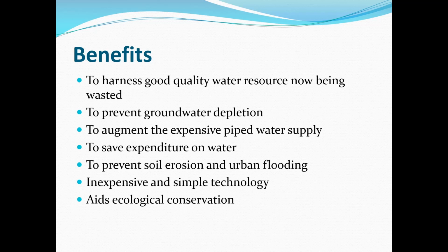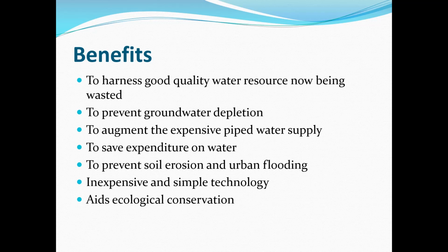The water which is now going as runoff towards the sea, and is wasted, can be stored as groundwater or as an increment in the water table level. Then next is to augment the expensive piped water supply. Suppose we save the water for excess use with bigger capacity tanks, as many societies are doing, and the quality of water in the bore wells or groundwater is good.